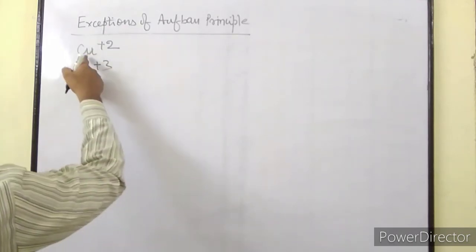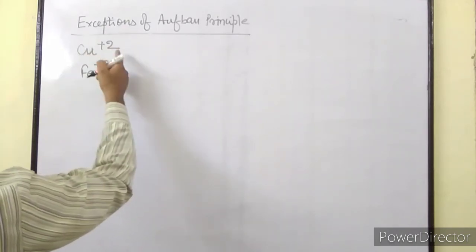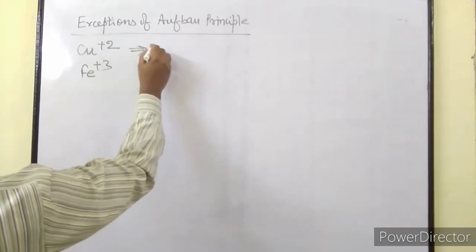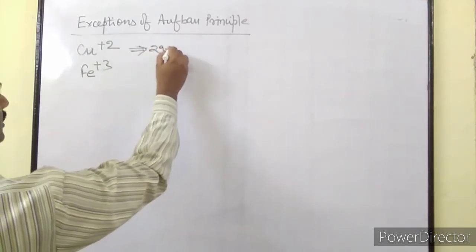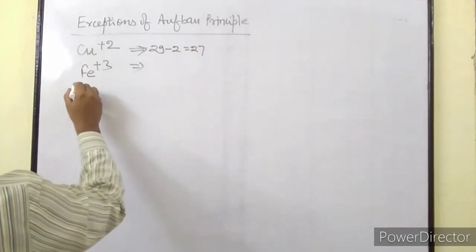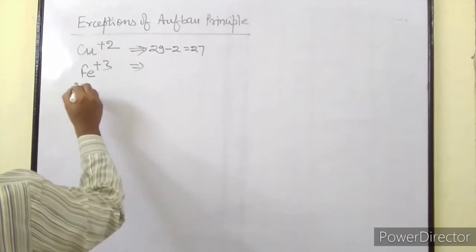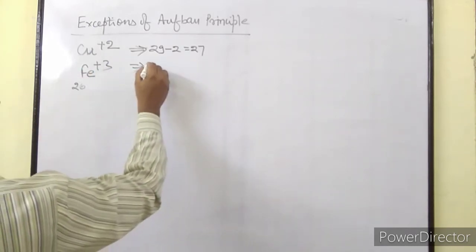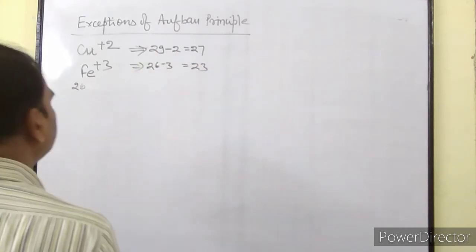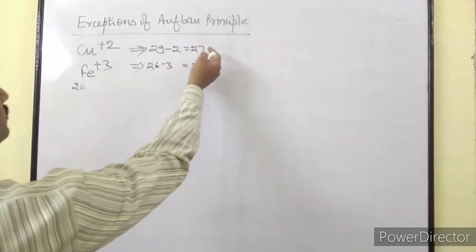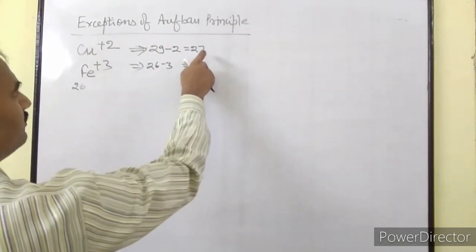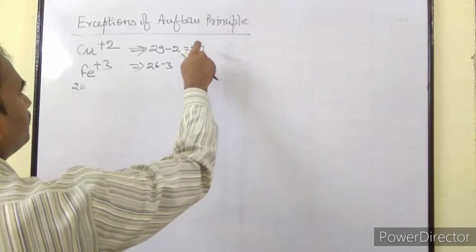So copper has atomic number 29 and 2 electrons are removed from here, then total number of electrons 27, and here iron has atomic number 26, 3 electrons are removed, then 26 minus 3 equal to 23 electrons are here.